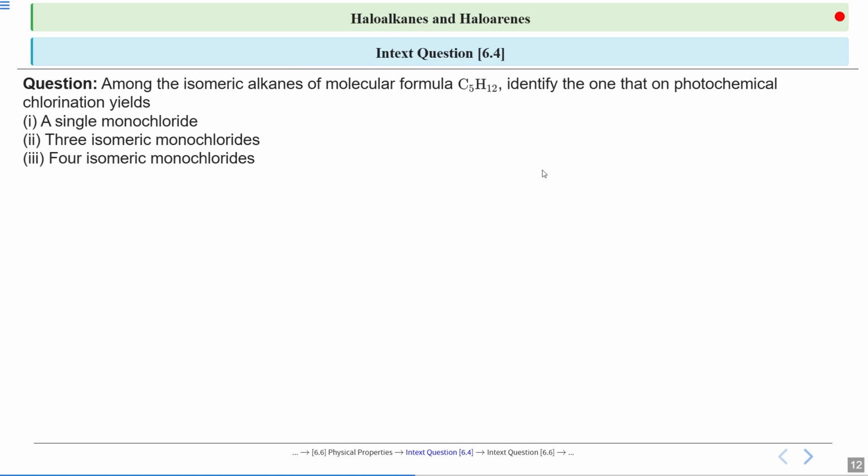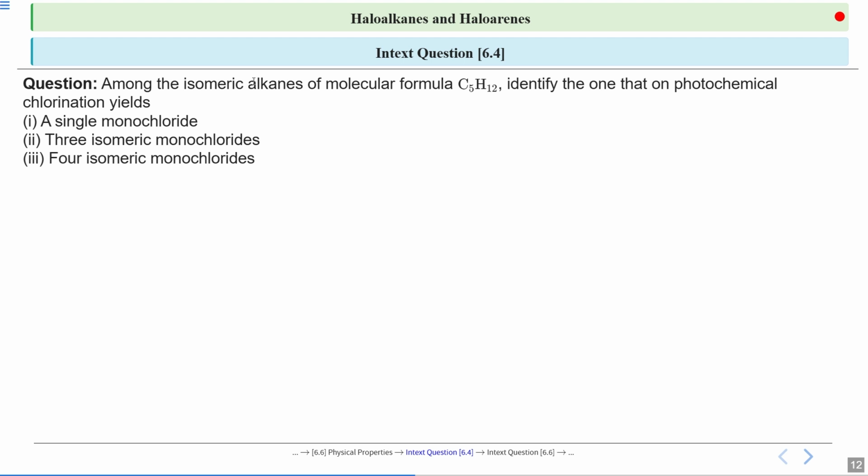Okay, let's do an in-text question. In-text question 6.4. The question is: among the isomeric alkanes of molecular formula C5H12, identify the one that on photochemical chlorination yields a single monochloride, 3 isomeric monochlorides, and 4 isomeric monochlorides.